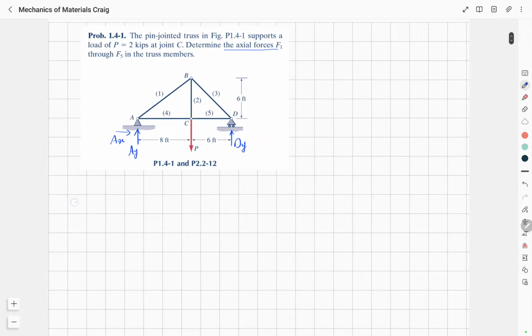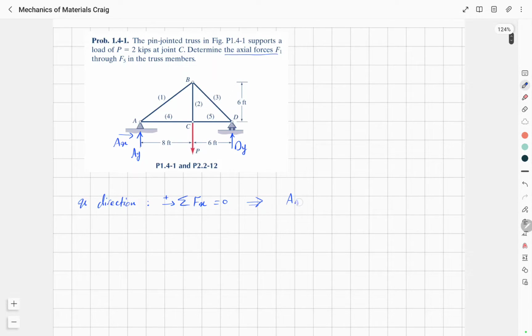For the X direction, we can write sum of Fx is equal to 0. Since in this x direction we only have AX, AX plus 0 is equal to 0. So AX would be equal to 0.